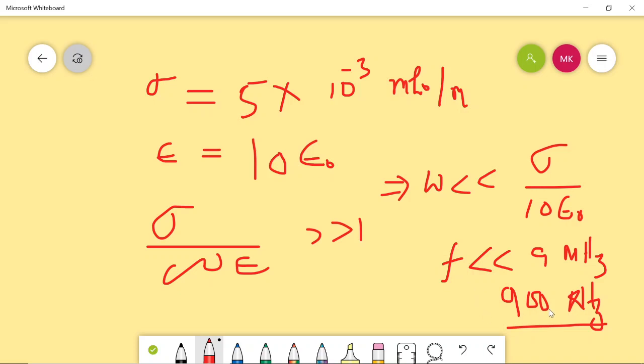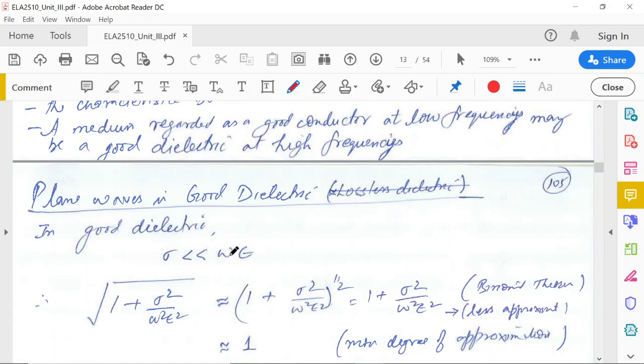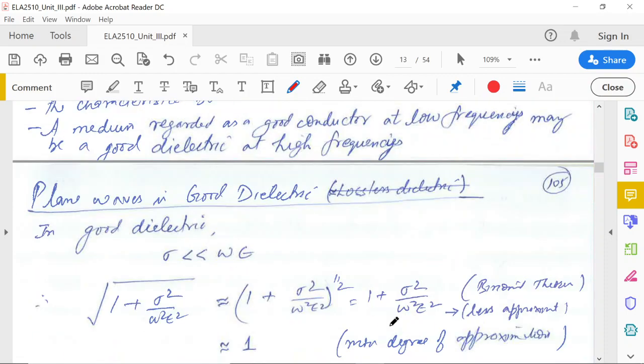But if you increase to gigahertz, then the same earth will behave as a bad conductor, and it will lead to the dielectrics. Okay, I stop it here. I will continue in the next slide, next video.